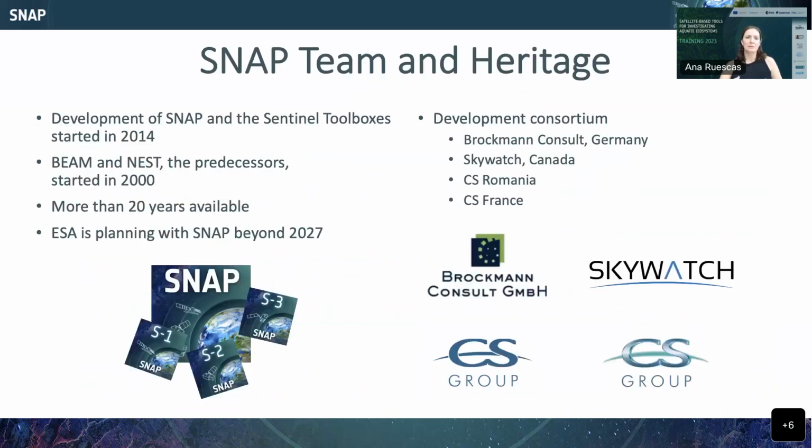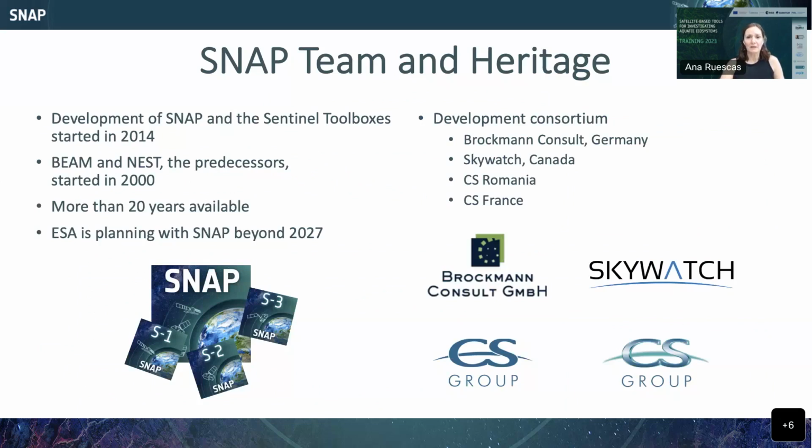Just to give you a background of where SNAP comes from, the Sentinel toolboxes and the SNAP development itself started in 2014, but SNAP had predecessors, BEAM and NEST, the NEST software from ESA, starting already in 2000.